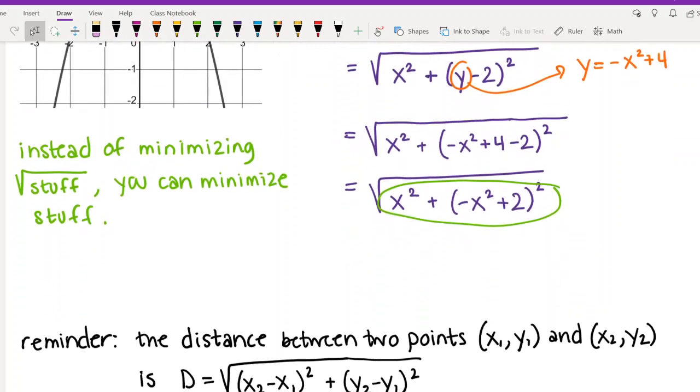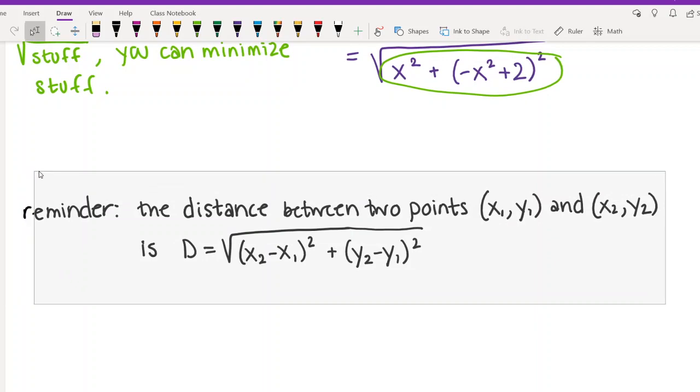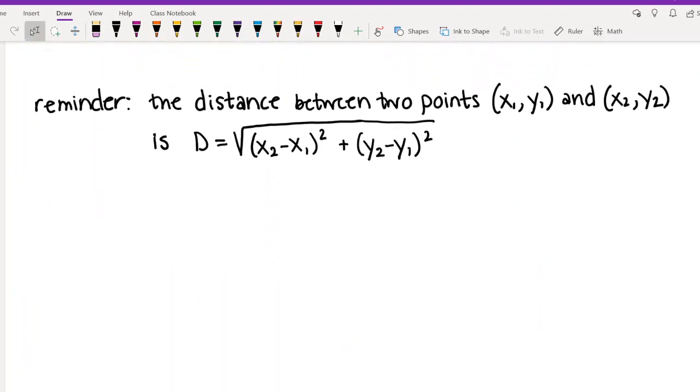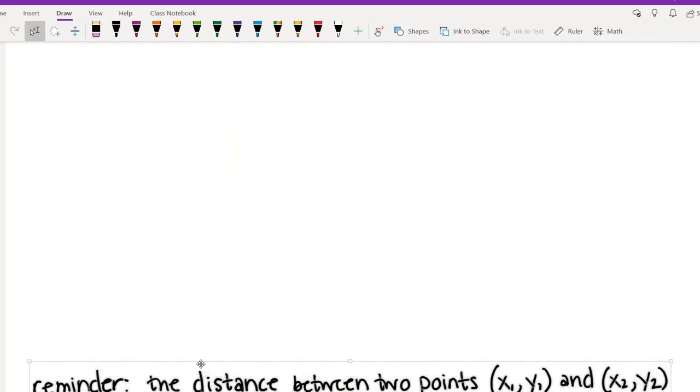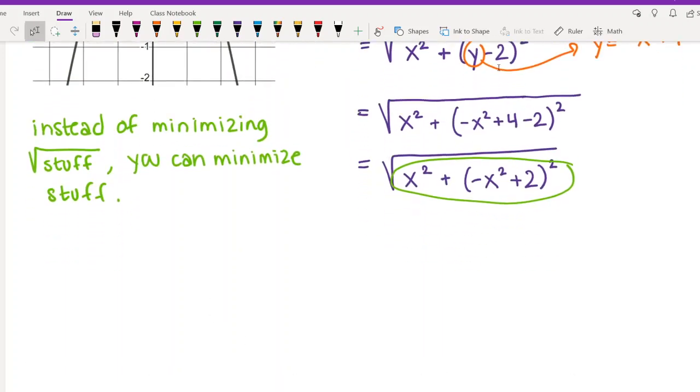So the function that we're actually going to minimize here, and I'm just going to move this down, hopefully far enough. Okay. So we're going to focus on instead minimizing the function. We can call our function d of x is equal to x squared plus negative x squared plus 2 squared.